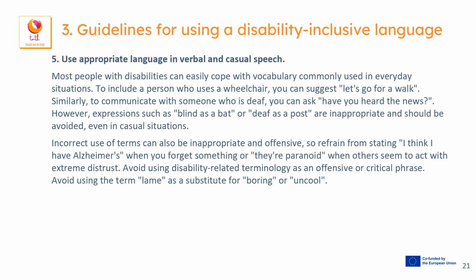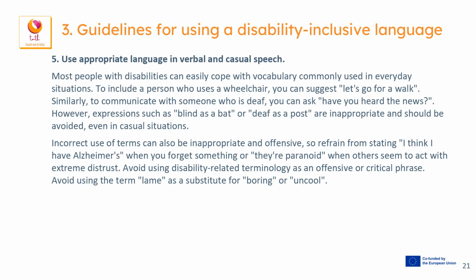Use appropriate language in verbal and casual speech. Most people with disabilities can easily cope with vocabulary commonly used in everyday situations. To include a person who uses a wheelchair, you can suggest, "Let's go for a walk." Similarly, to communicate with someone who is deaf, you can ask, "Have you heard the news?" However, expressions such as blind as a bat or deaf as a post are inappropriate and should be avoided even in casual situations.